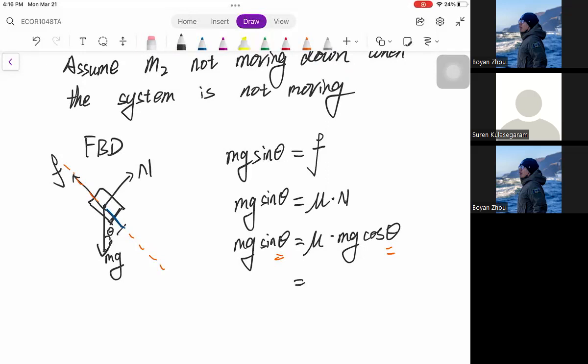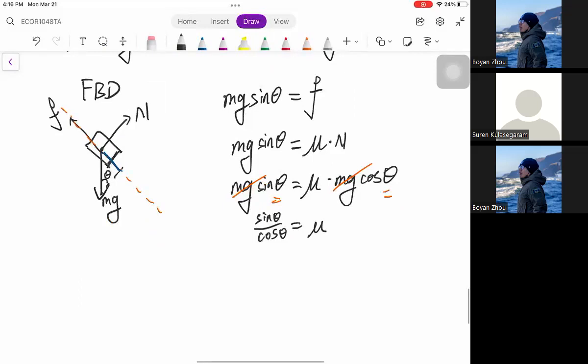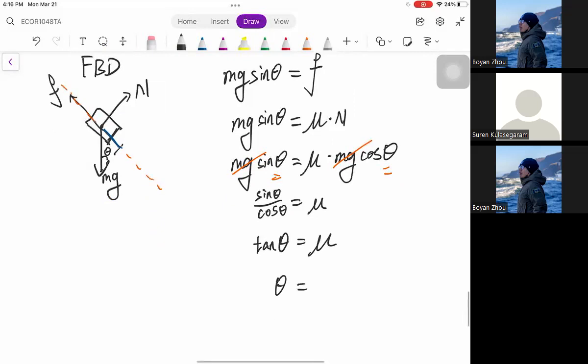Putting the theta on the left hand side, we have sine theta over cosine theta equal to mu, because the mg cancels itself. Sine theta over cosine theta is tangent theta, equal to mu, and theta in this case I should say theta c. That means the critical angle is equal to tangent to the power of -1 of mu.